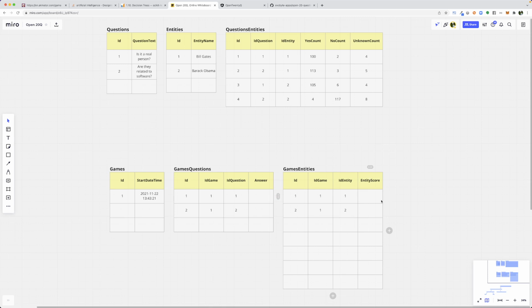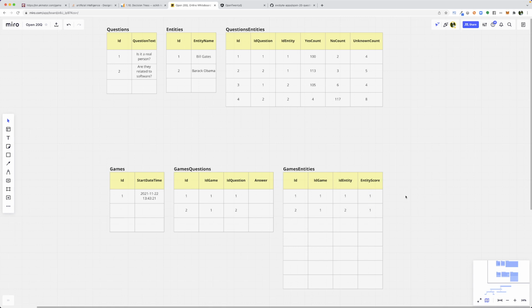So how does this work? Well, let's say we ask question 1 and the user answers yes. For question 1, yes is the majority answer for both entities. So both of them will get their score increased by 1, and it's 0 initially.